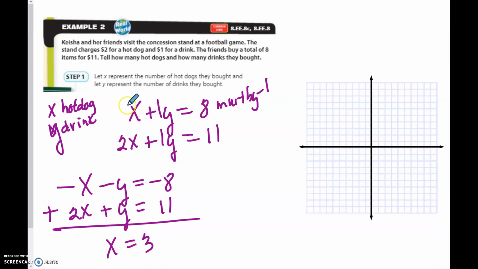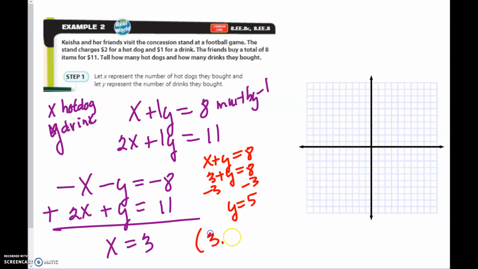So let's go back to this first equation. When this first equation says x plus y equals 8, if I plug in 3 plus y equals 8, when I subtract 3 from both sides, y is 5. So my solution here is 3, 5. What does that mean?